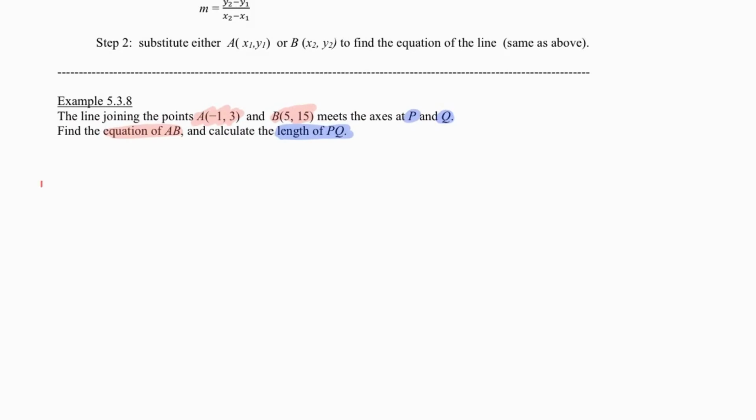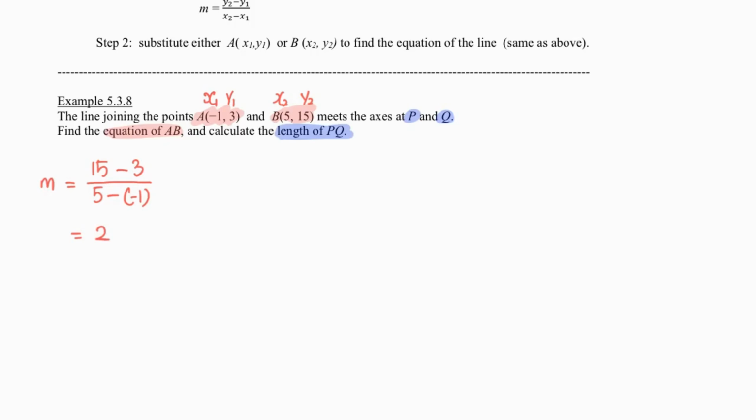Gradient is equal to the gradient of AB, which is x1, y1, x2, y2: 15 minus 3 over 5 minus, oh, my 5 doesn't look nice, 5 minus negative 1. And this will give me a value of 2.